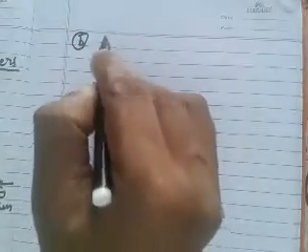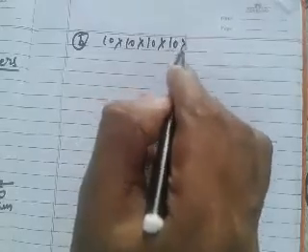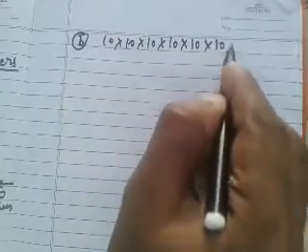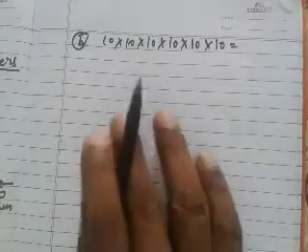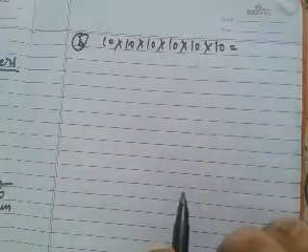Suppose this time we take another example: 10 multiply 10 multiply 10 multiply 10 multiply 10 multiply 10. So this is a large number. How can we write this number in exponential form?